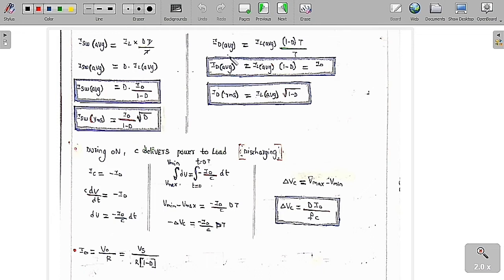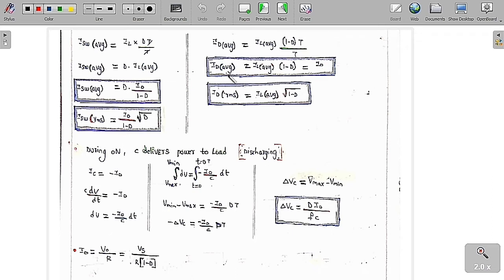Similarly, the diode current average value is equal to IL average into, from dT to T, so (T minus dT) by T, which finally is 1 minus d, into IL average. IL average is nothing but I naught by 1 minus d. So 1 minus d cancels, and we get I naught.